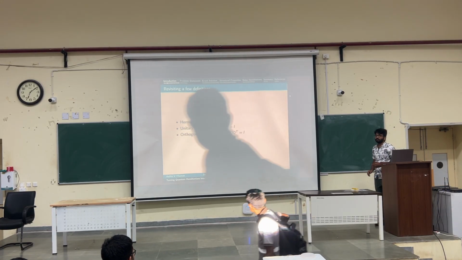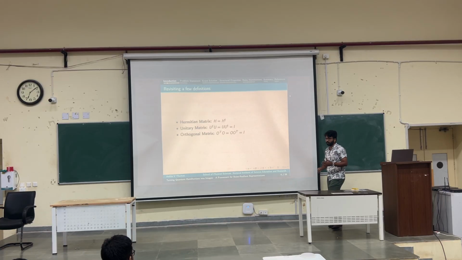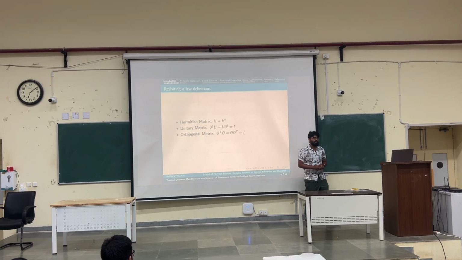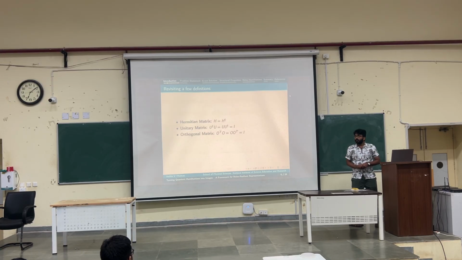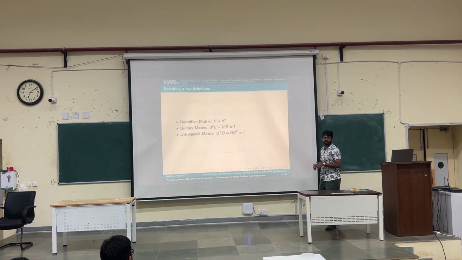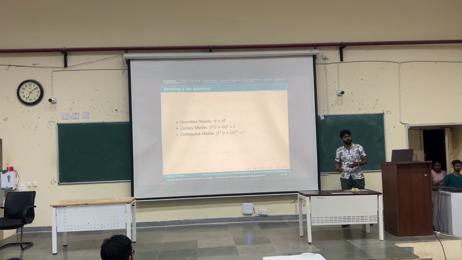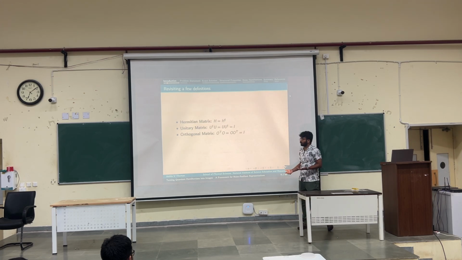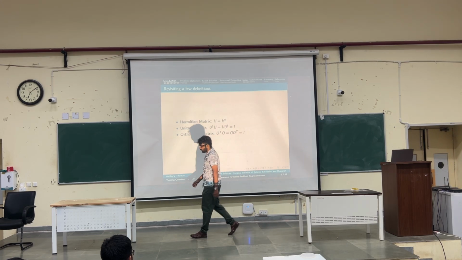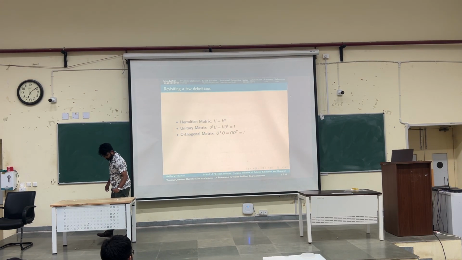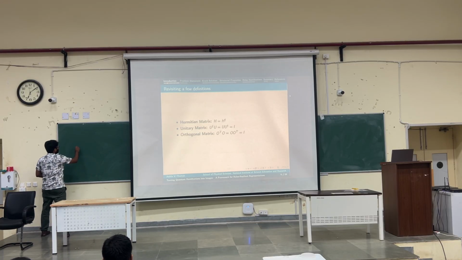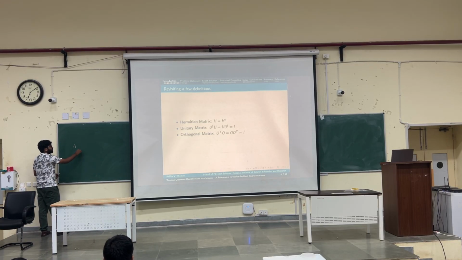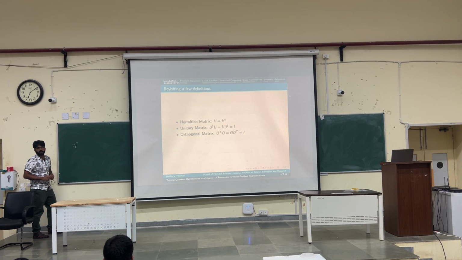So since we have a good number of first years over here, let's revisit a few definitions that we know. So all of you know what symmetric matrices are. When you take the transpose of a matrix, if you get back the matrix itself, it's a symmetric matrix. So now let me define something which is called a Hermitian conjugate. So if you have a matrix A, you know how to take the transpose of this matrix, right?